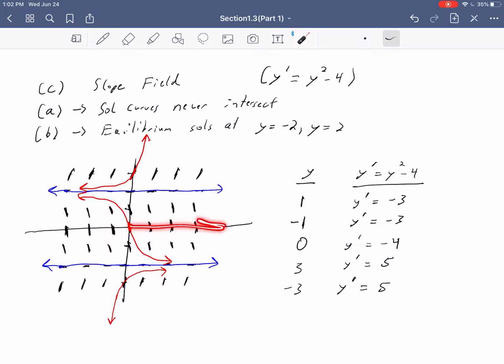If we were imagining you're moving this way. If you start here, you'll also tend that way. But if you start up here, you would blow up towards positive infinity. So your starting condition would tell you where you would head overall in the long run. That's why these are often referred to as equilibrium solutions, because sometimes the solution curves tend to those in the long run.